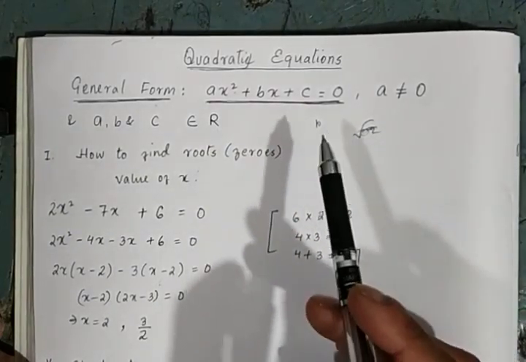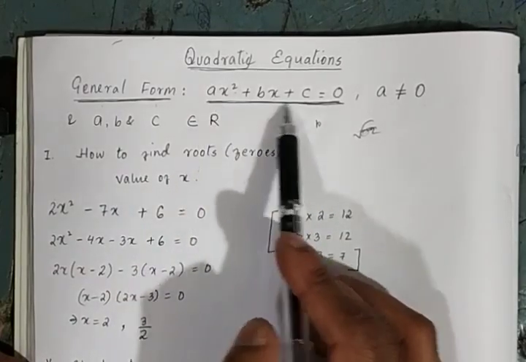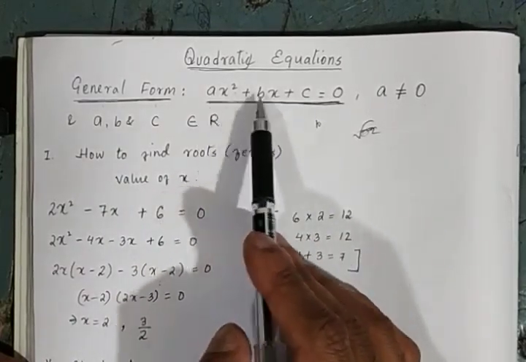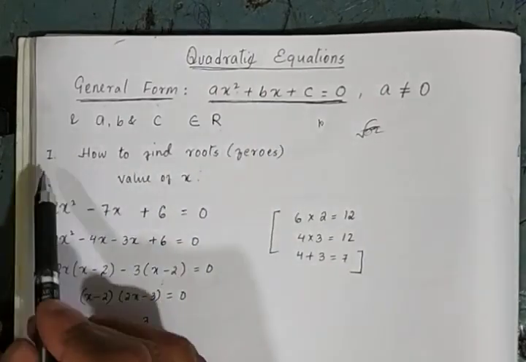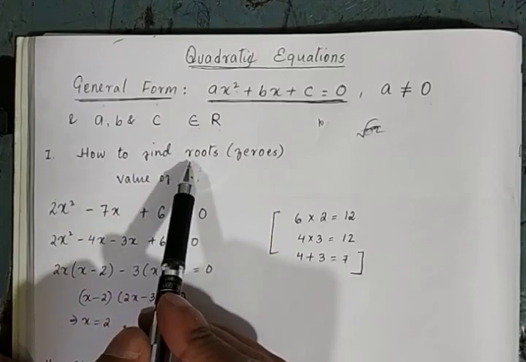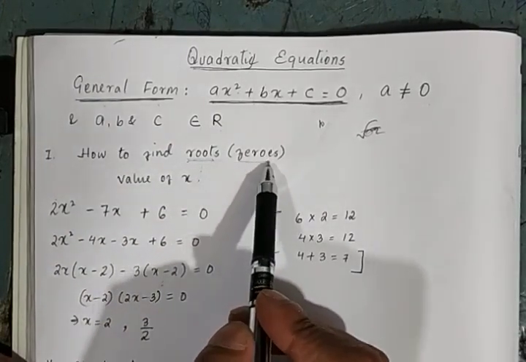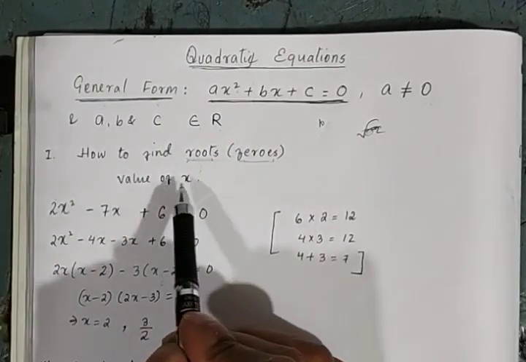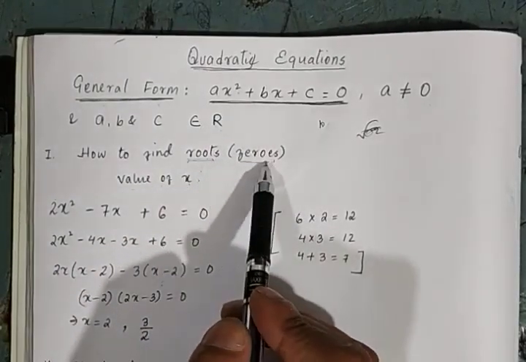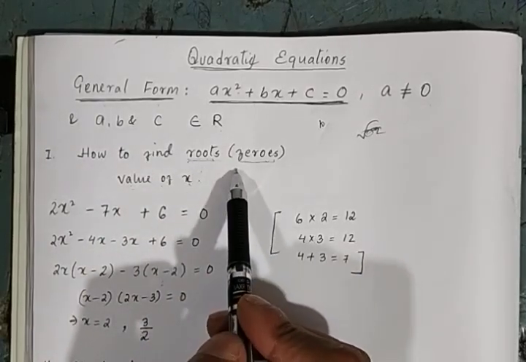Now let's suppose we have an equation, here our equation is in x. Now we'll learn how to find the roots. Roots, in other words, also mean zeros. Zeros means value of x. Roots, zeros, value of x, all are the same.